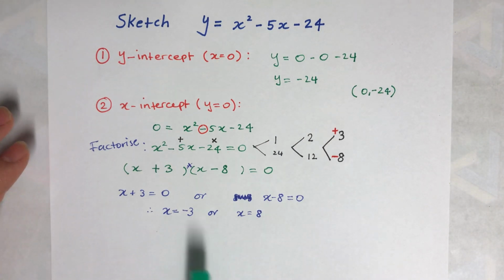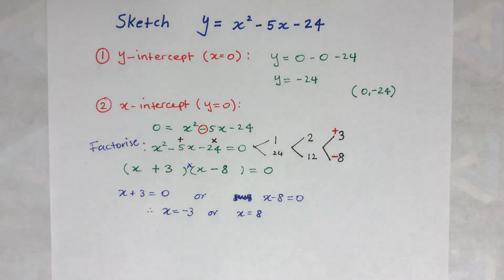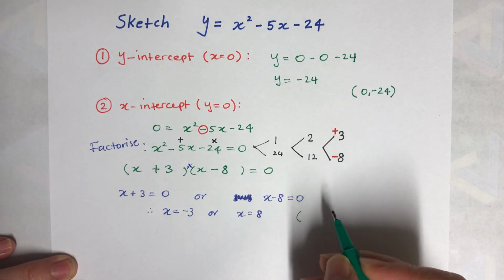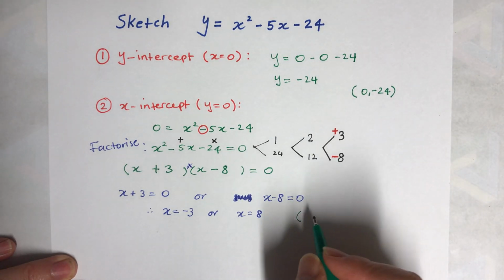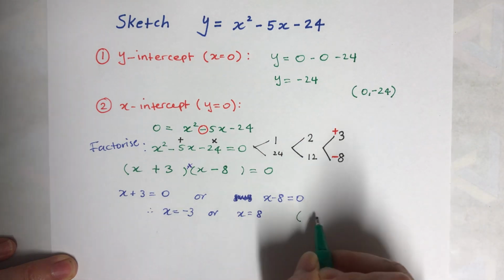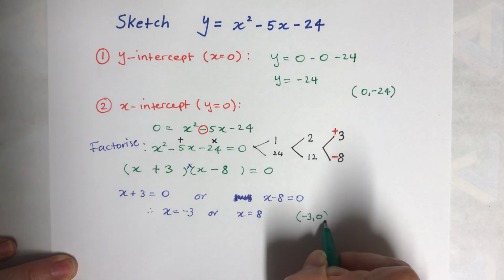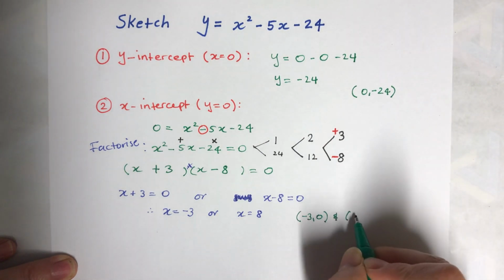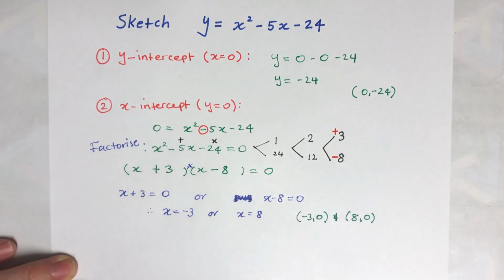These two are my x-intercepts. I'm going to convert this into points because I need points to sketch the parabola. So this will be (-3, 0) and (8, 0).